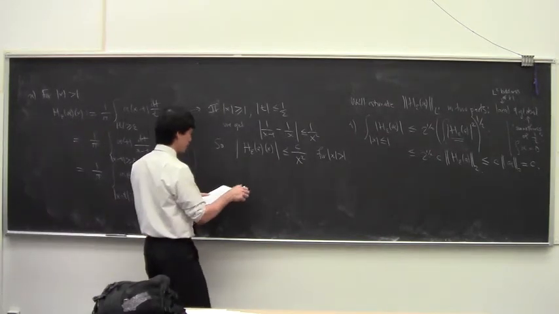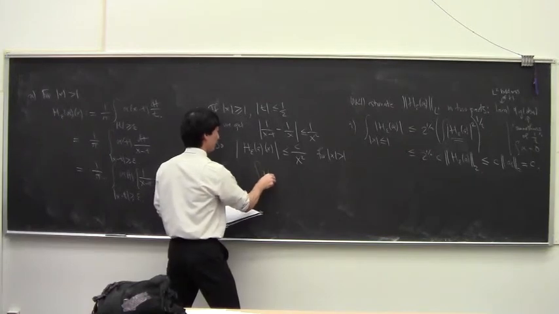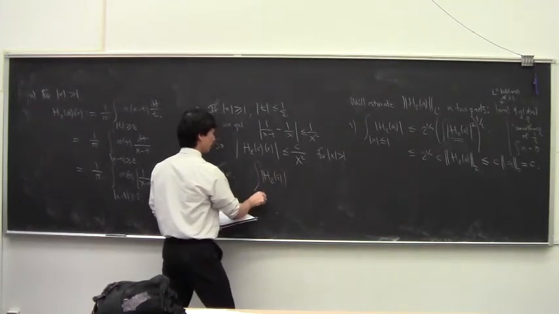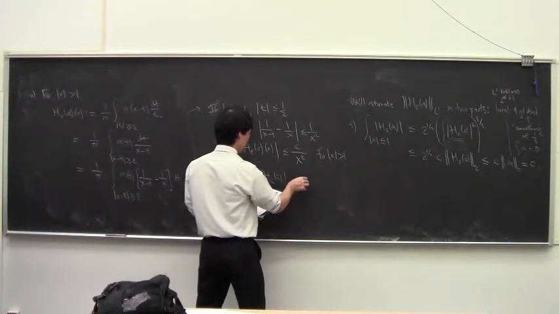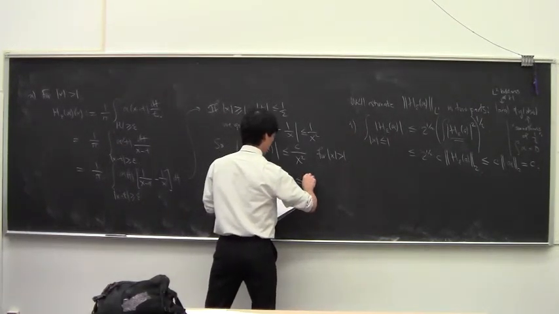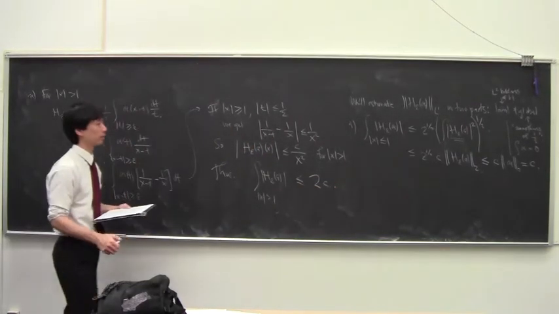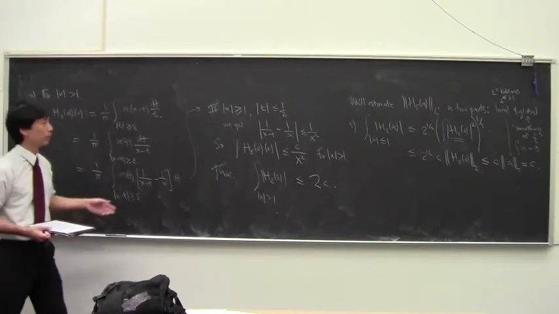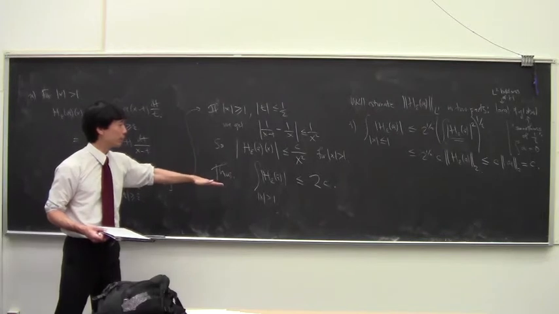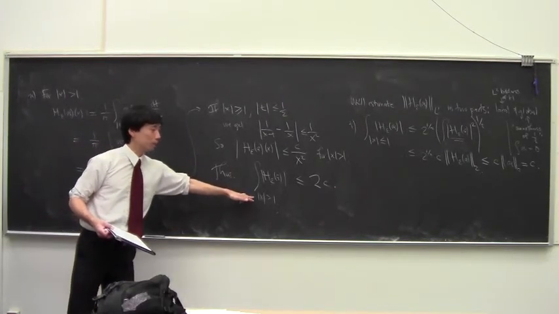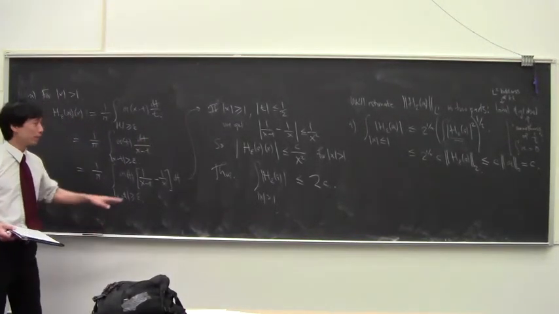Thus, if we look at the global part, the integral over x bigger than 1, this is controlled by 2c, because we're integrating c over x squared over this interval.